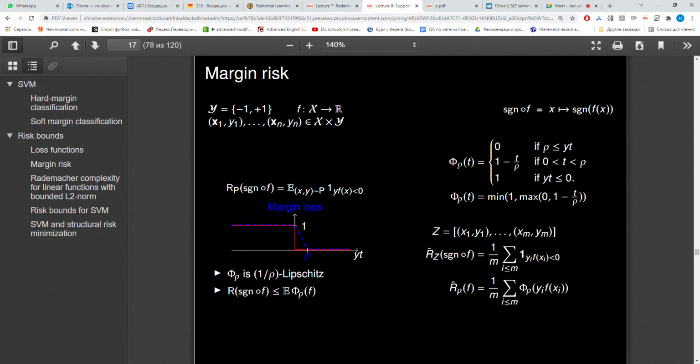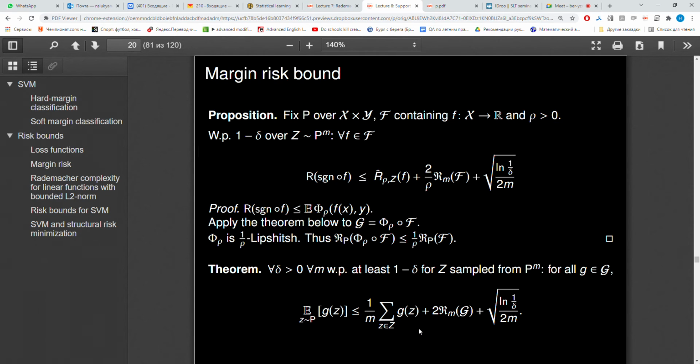If we use this loss function, after changing x a little, we won't have the possibility to change the value of y significantly, not more than by 1 divided by r. So in this case we can use the contraction lemma to bound the real risk by the empirical risk.